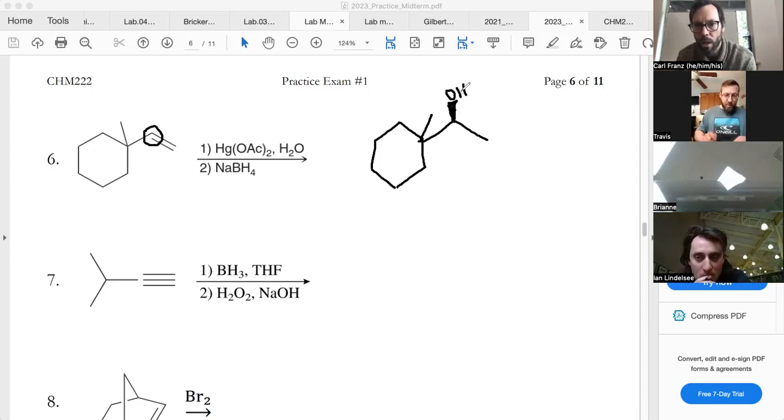We put the hydroxide group there. And if you wanted to, you could show the hydrogens here, although that's not necessary, because whenever we see a water, that makes alcohol. And whenever we see an alcohol, that makes an ether.